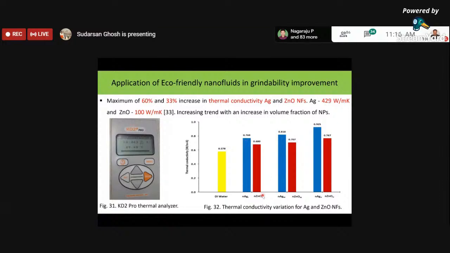But as we increase the nanoparticles, the cost factor is one issue which we have to look into. We cannot use a very high amount of nanoparticles because cost will increase. Of course, the benefit in terms of thermal conductivity is also enhancing, but we have to make a compromise.